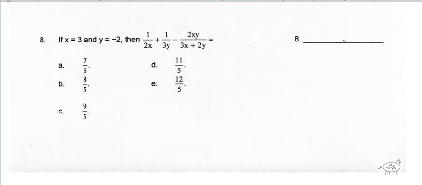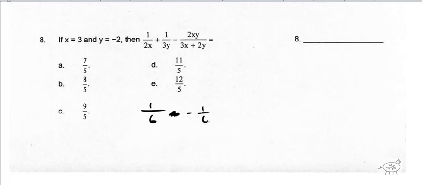Okay, number 8. Basically, I'm giving you values of x and values of y, and you're plugging them in. Another great calculator problem. So, again, I wouldn't write 2 parentheses. Do the multiplication. So it's 1/6 plus, so then it's minus, right?